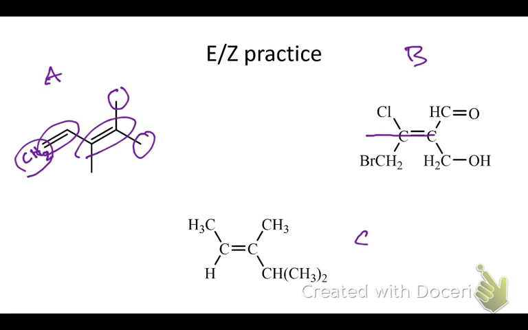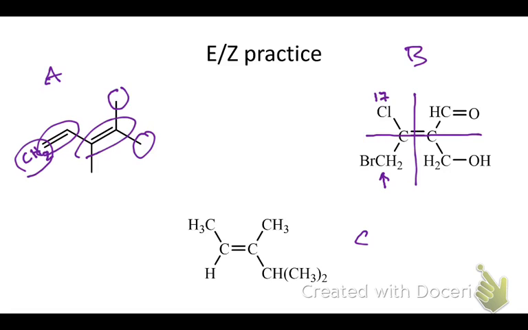So I'm going to draw a line like this. And so for the left side, let's just look at this side. Which one's higher priority, the Cl or the Br with the CH2? A lot of people want to say Br with the CH2. No. But it's the first time you break. So here, this is 17, but the first thing that's attached is this.